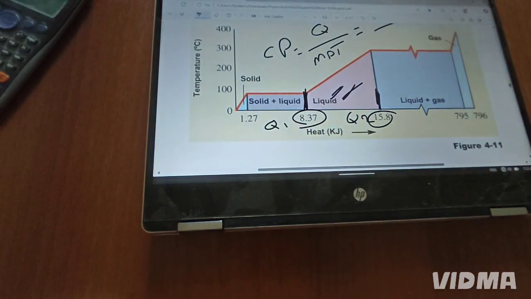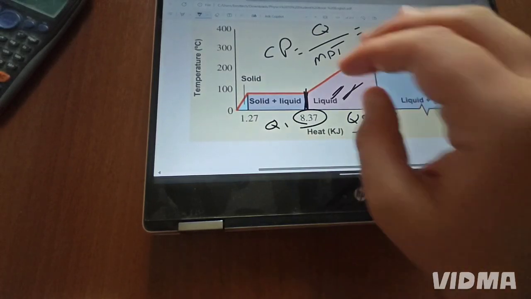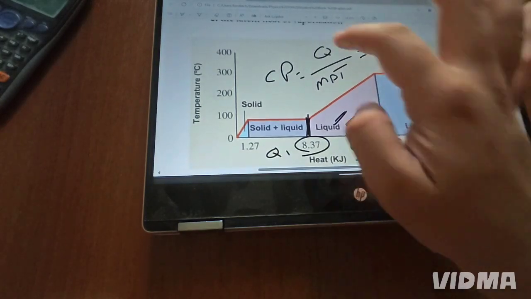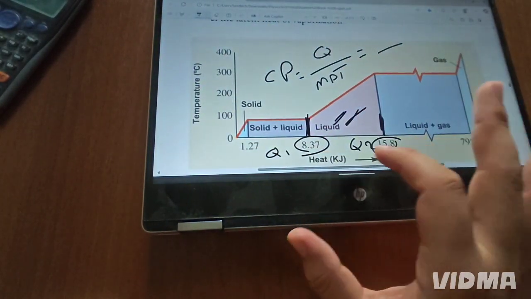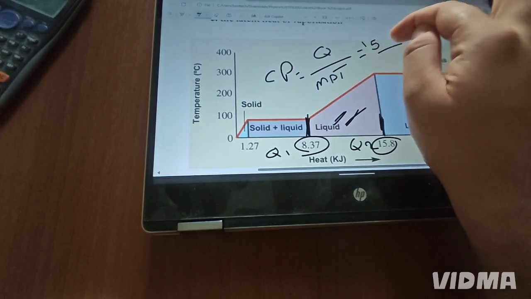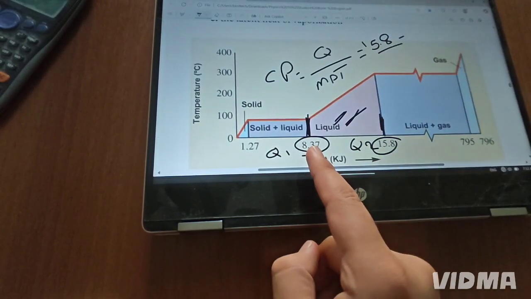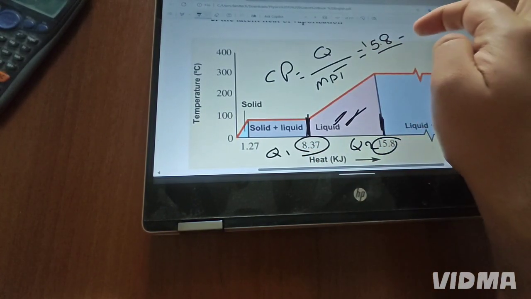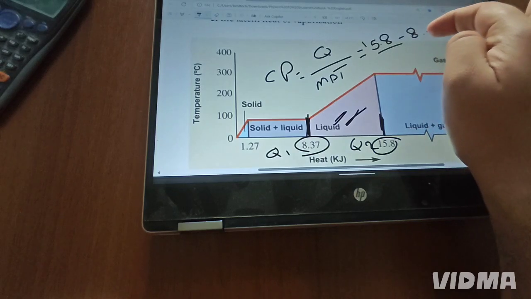We have 2 energies, and we are going to subtract both of them. Instead of Q, we write 15.8 minus the first one, 8.37.